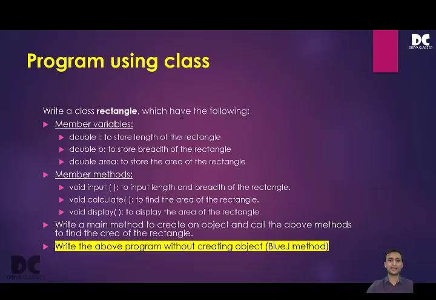Then it is also said that write a main method. Means this is a fourth method. In function we have already seen that there is always a main function, the core function, that will handle all other functions. So here main function will be handling input function, calculate function and display function. The write a main method to create an object and call the above methods to find the area of the rectangle.